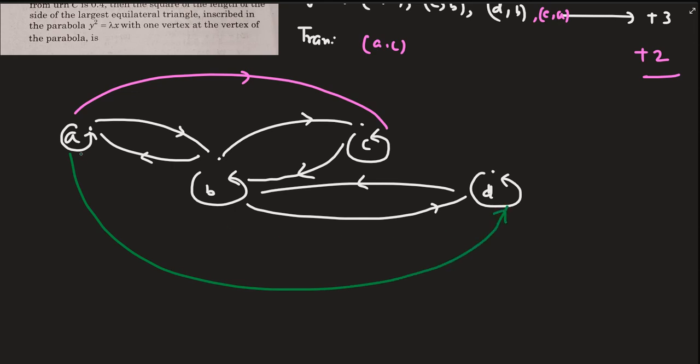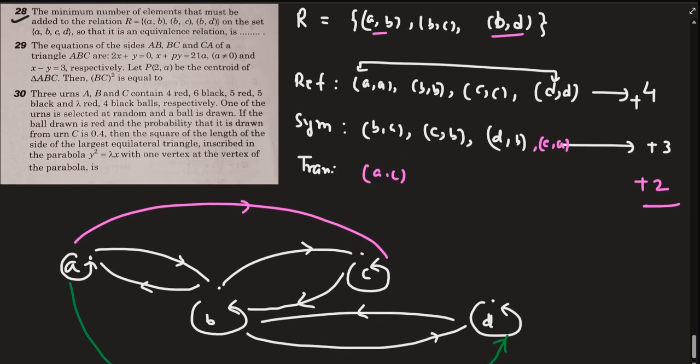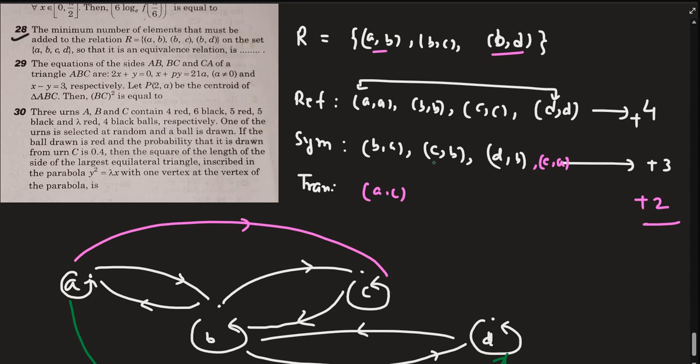If AD exists, then you have to check whether DA is already present or not. So here you have to add AD.